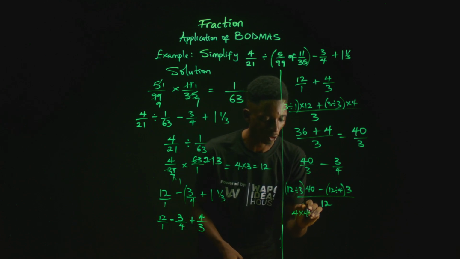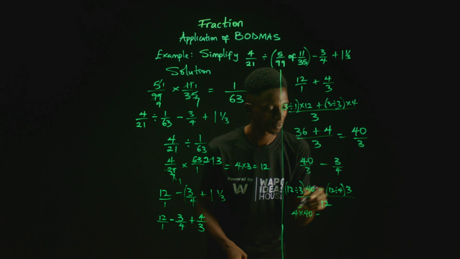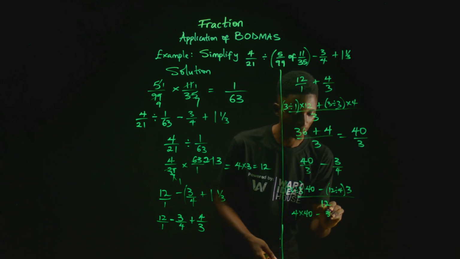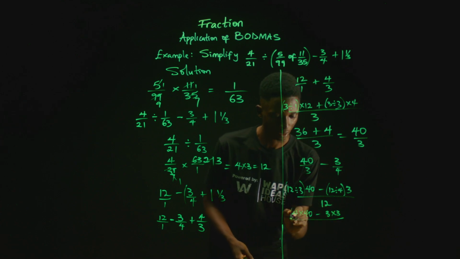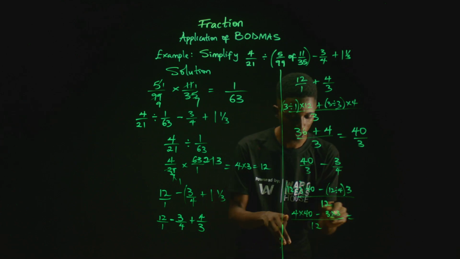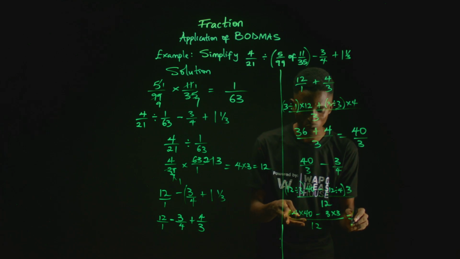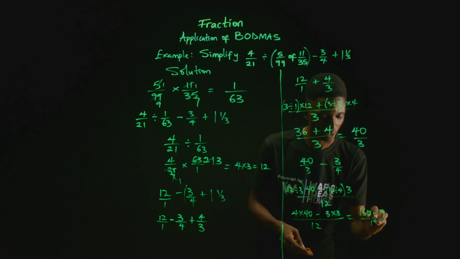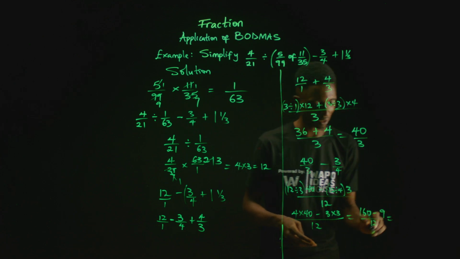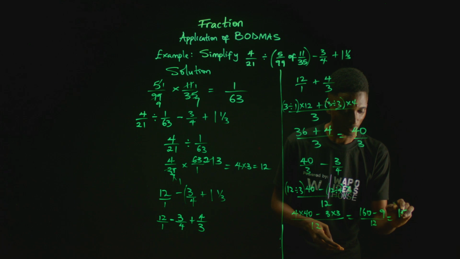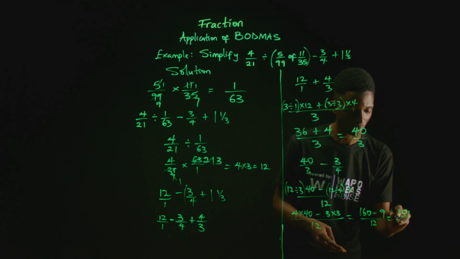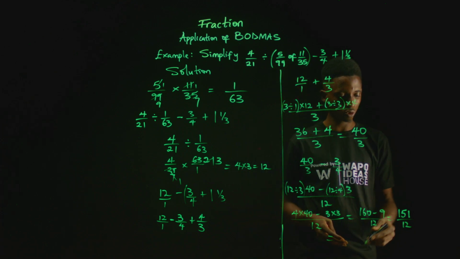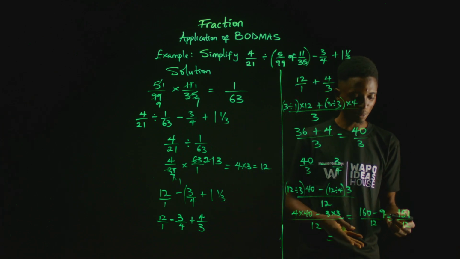So we have 4 times 40 minus. Now, 12 divided by 4 will give us 3. So we have 3 times 3 over 12. That is, we have 4 times 40. That will give us 160 minus 9 over 12. And 160 minus 9 will give us 151. 151 over 12, which we will now convert into a mixed fraction.